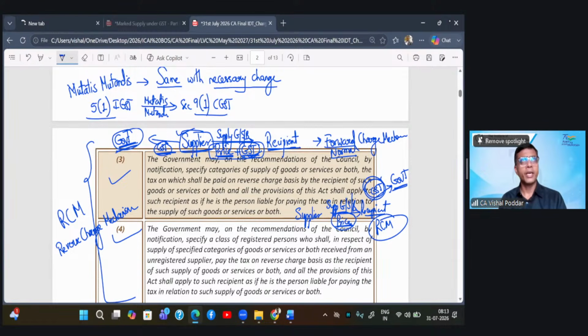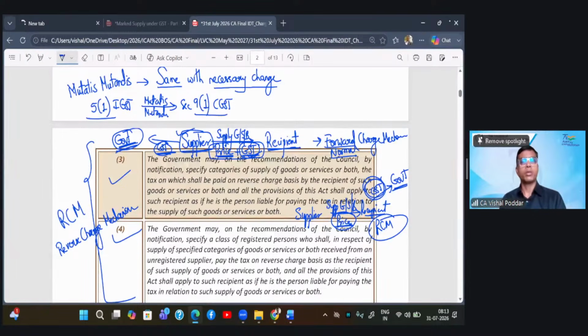So the government said that it is much easier for us to catch hold of this supplier if in future we find that proper GST has not been paid. That is why in 90% or more of the transactions, the government makes the supplier the person from whom they will collect the tax. Now comes reverse charge. Same logic. In few cases, the government found that it is not convenient to catch the supplier, but it is much more convenient to catch the recipient.